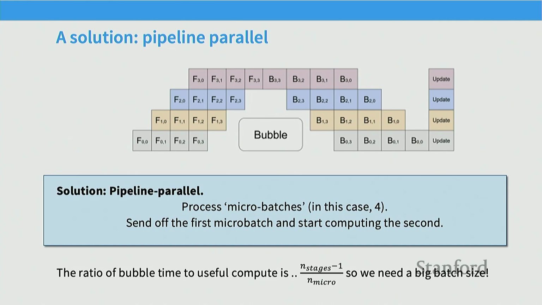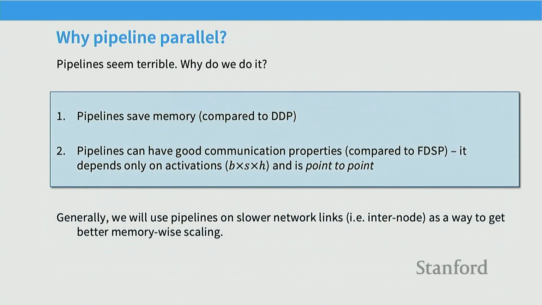Now your micro batch size can control the bubble time, and the ratio of your overhead to the useful compute is the number of stages minus 1 over the number of micro batches. So if you have big, big batch sizes, pipeline parallel could potentially be efficient. But as we said before, batch sizes are finite. We can't just crank that up to whatever value we want.